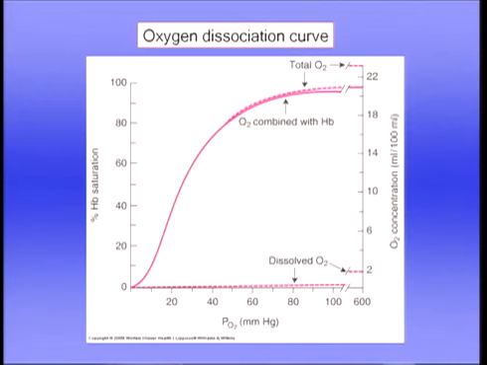Now, let's talk about the oxygen dissociation curve, which I'm sure most of you are familiar with to some extent. Here's the oxygen dissociation curve. And first of all, how would we develop an oxygen dissociation curve? Well, what we do is we would take some glass vessels, known as tonometers, put a small amount of blood in the bottom, and then above the blood we would put gases of different PO2 values.